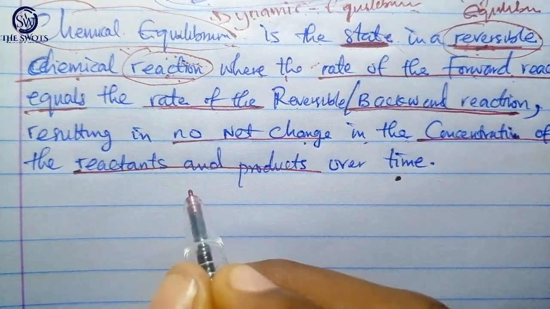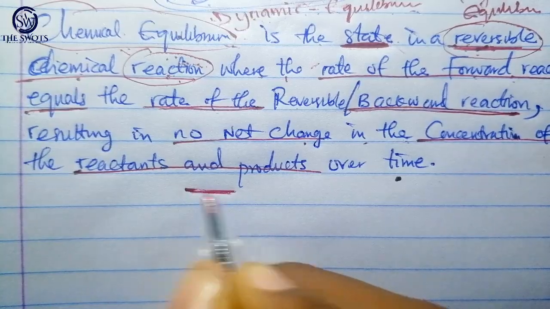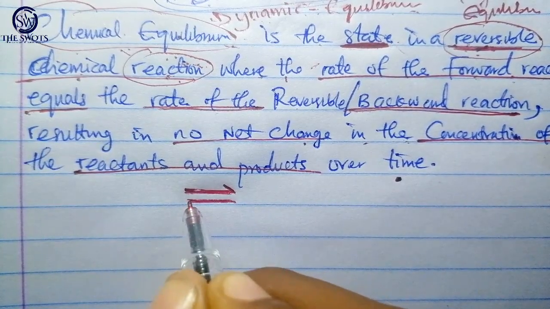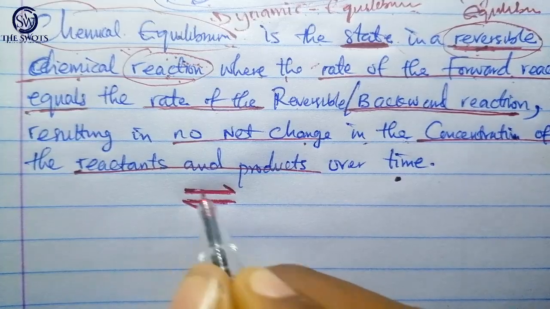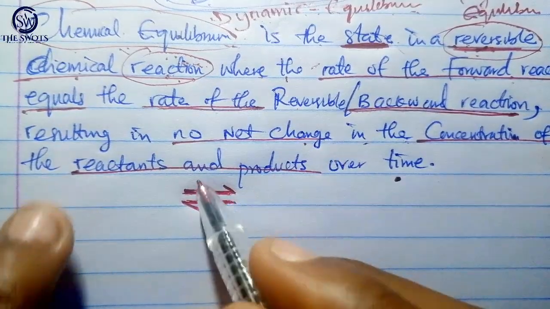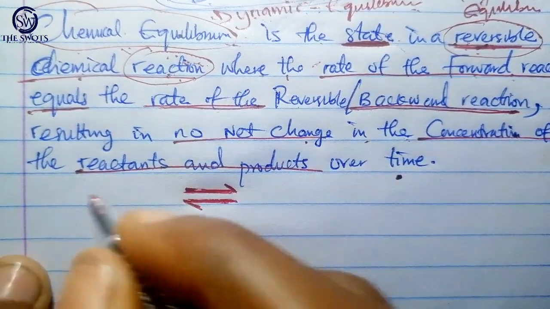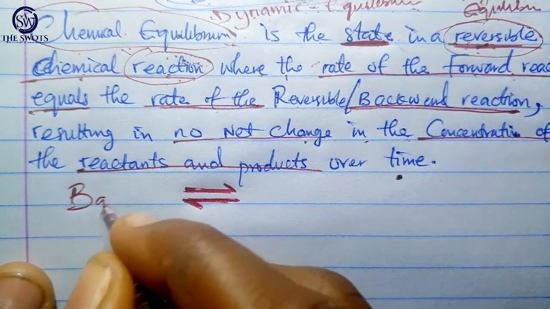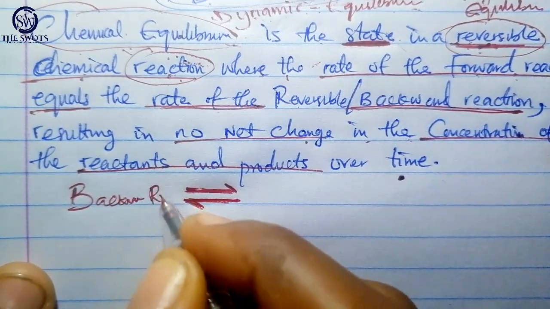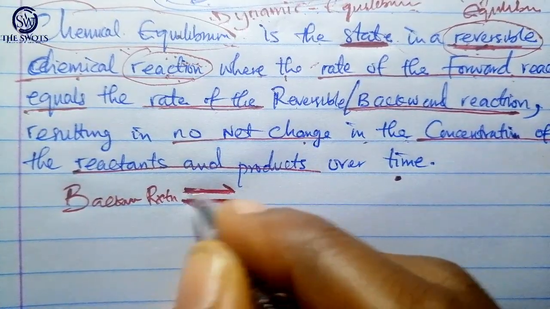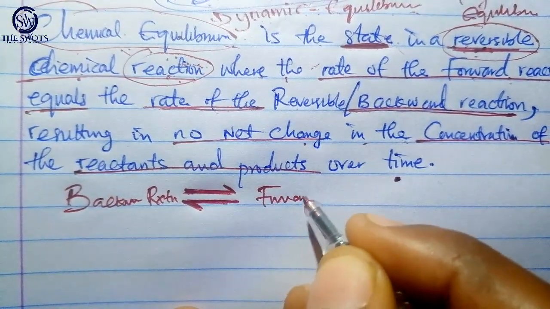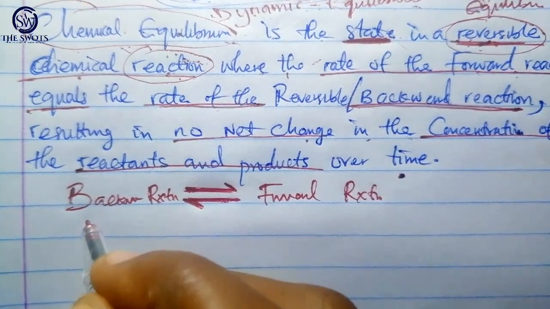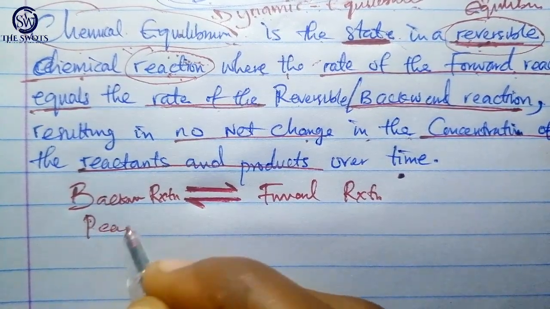In a reversible reaction, we make use of this symbol that goes like this and that goes like this. This indicates a reversible reaction. When they are moving forward, this one going back here is a backward reaction, and this one going forward is a forward reaction. So backward reaction is talking about our reactants.